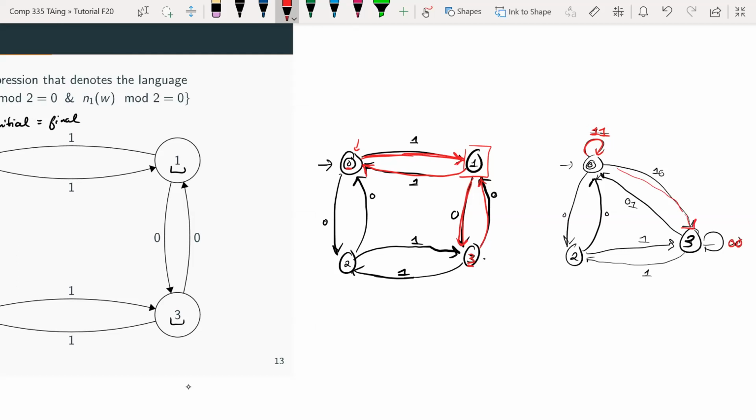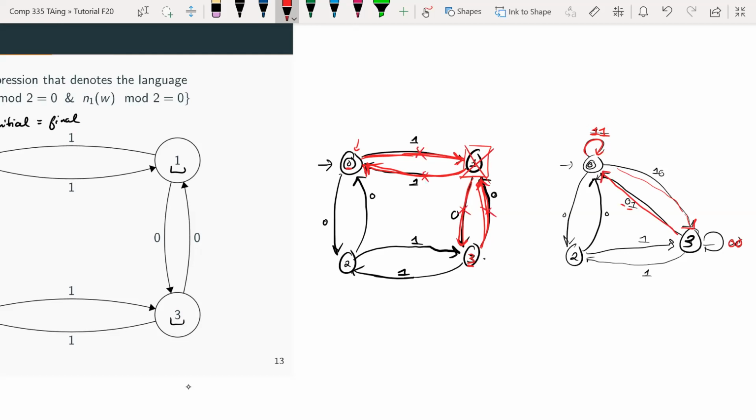As well, if you want to go from 3 back to 1, you can read a 0 and then a 1. Now if you write all of those direct transitions, then you can get rid of this intermediate state and these incident edges.